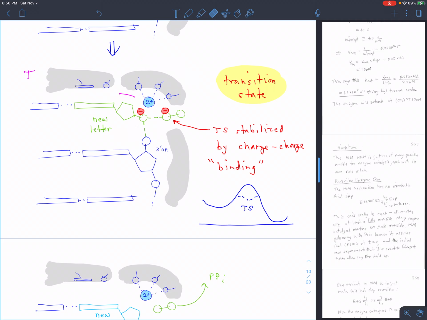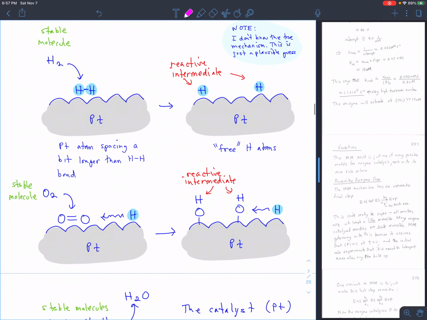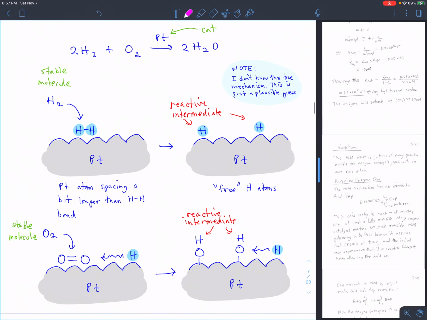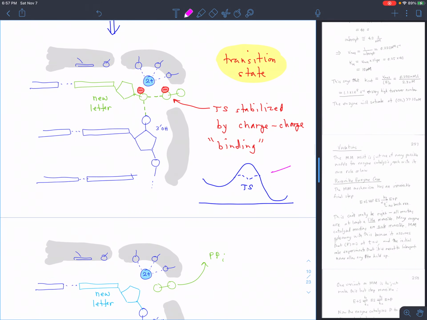I'm going through this in part because you should see how these things look. Same up here, right, with the platinum case. You should see how this very schematic picture that I've drawn here, for example, binding to the transition state, is just a cartoon. It's very schematic. What does this really mean in real life? Well, it means something like this.